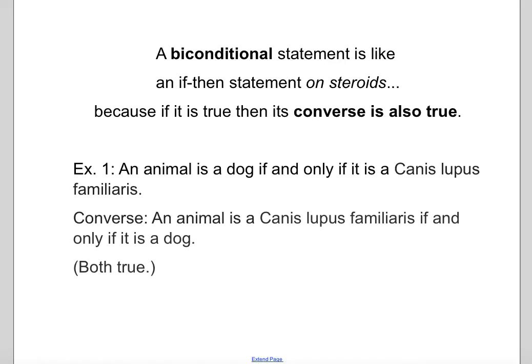An example of this, an animal is a dog if and only if it is a Canis lupus familiaris. The converse of that, an animal is a Canis lupus familiaris if and only if it is a dog. Both the statement and its converse are true, and we can switch it around without any risk of making it untrue.